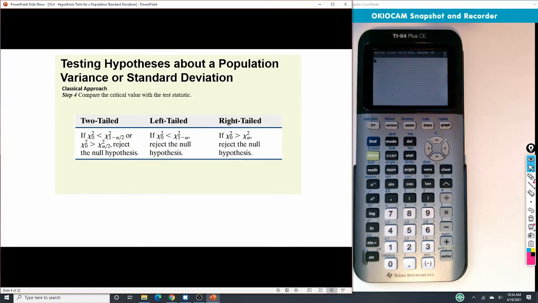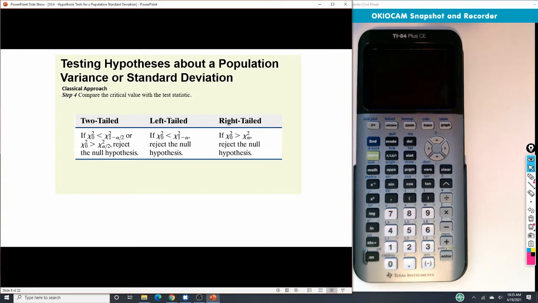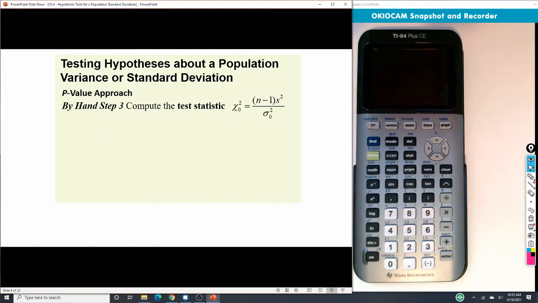Okay, so again, as before, for two-tailed, it has to be in between those values. Then for left-tailed, our test statistic has to be less than the critical value, and right-tailed has to be greater than. Okay. All right, and then we can also look at our p-value.